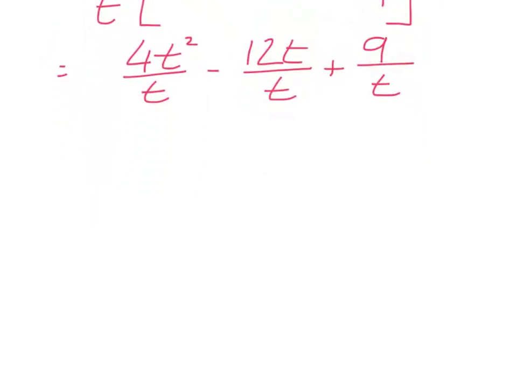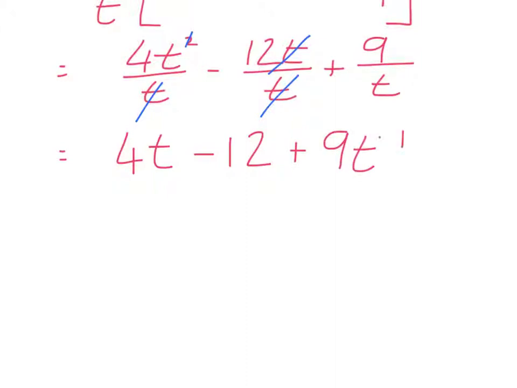So the t here will cancel with the t here. The t on the bottom cancels with one of the t's on the top. And 9 over t can't be cancelled at all, but the t will be brought up onto the top line in preparation for differentiation on this line. So we have 4t, then we have take away 12, bringing the t up alongside the 9 makes it 9t to the power minus 1.